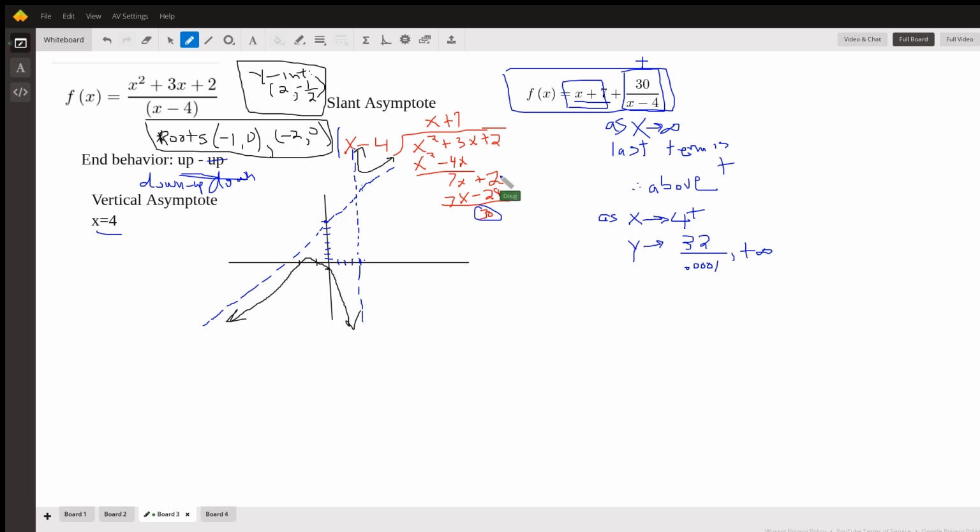But as x approaches 4 from the right, putting that in here, we're going to get 32 over very small numbers like 4.001. And that's going to be positive infinity. So that's how we get this graph right here. And we could do similar reasoning for this graph right here, but also by plotting the roots and the y-intercept. That also tells you that the graph has to be in this region right here.